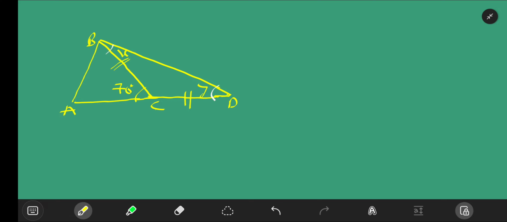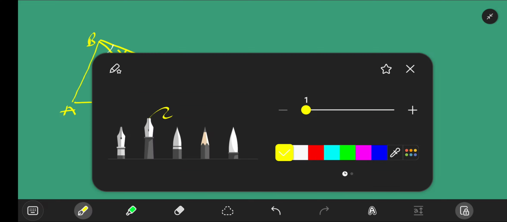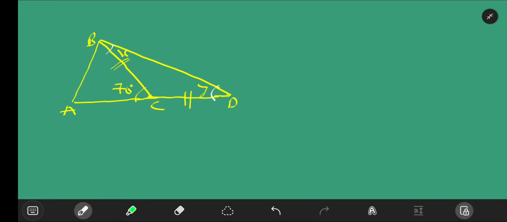Now, as we know, this straight angle is 180 degrees. So this angle is 180 degrees minus 70 degrees only, no? So that is 110 degrees.